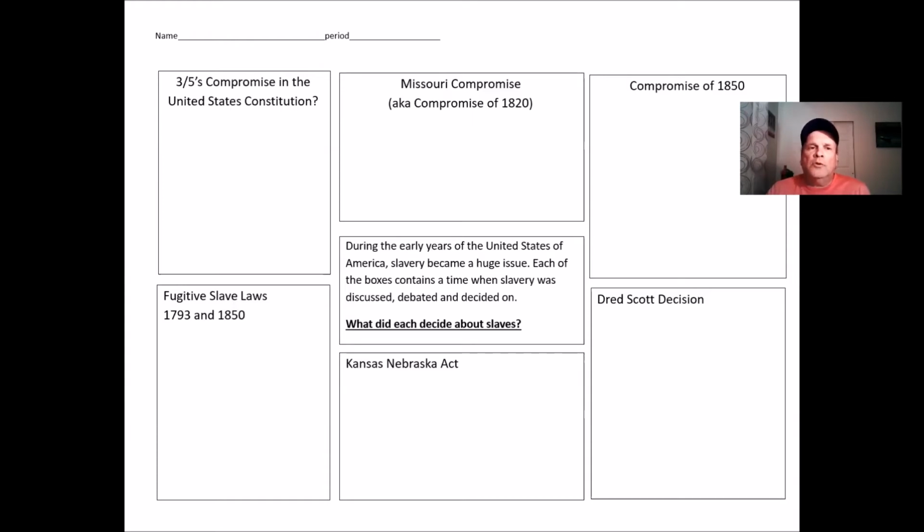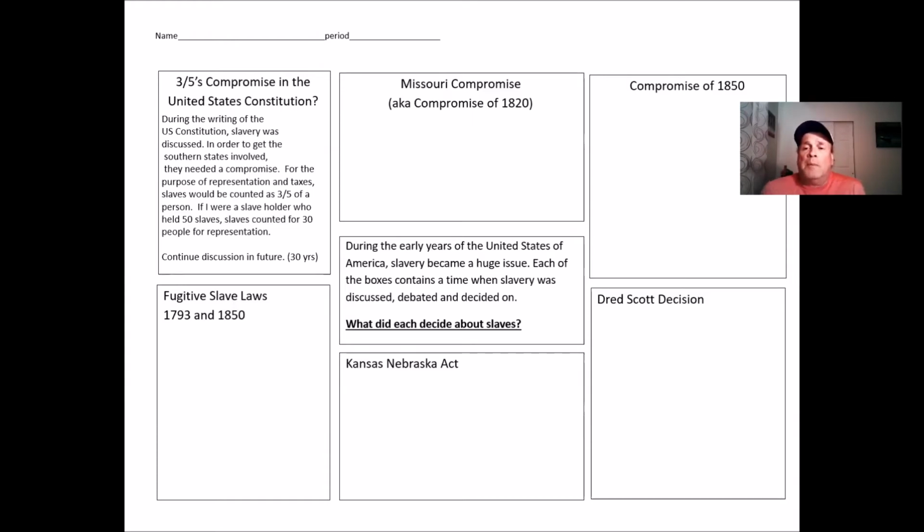All right, so let's start with the oldest one. That's the 3/5 compromise. I've already filled it in. All you have to do is copy it down. So during the discussion about the US Constitution, after the colony split from the king, after they got rid of the king, they had the Articles of Confederation. The Articles of Confederation didn't work, so they did the United States Constitution.